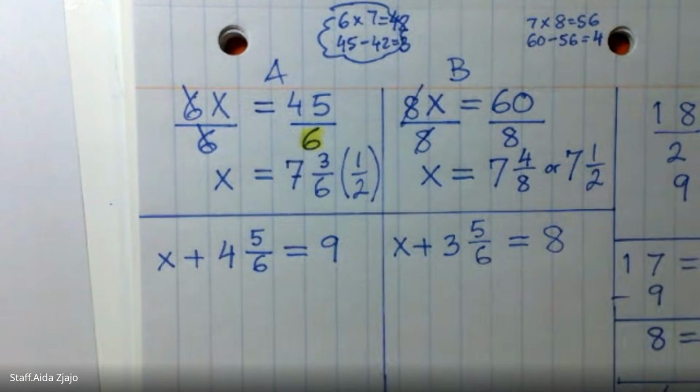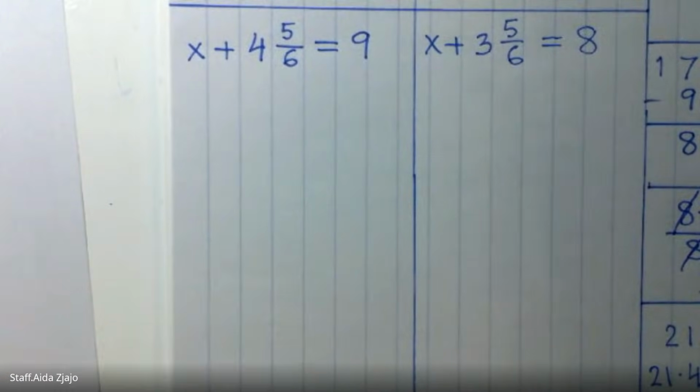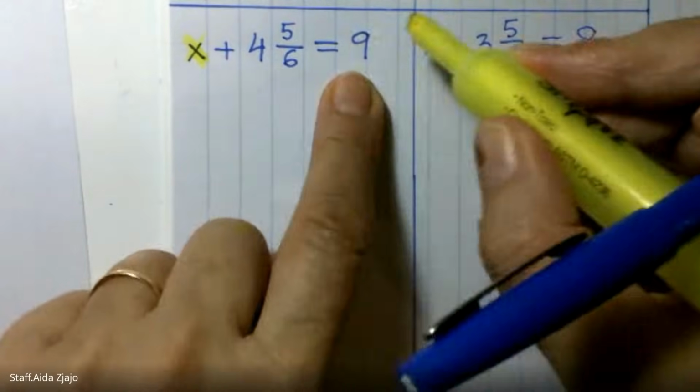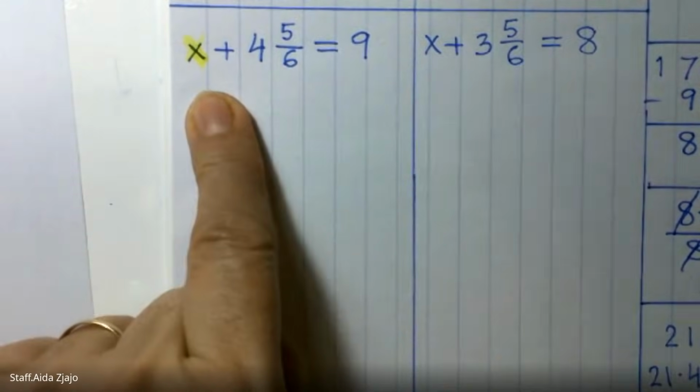But if we follow the rules, the rule says whatever is next to x, you have to eliminate to have x by itself.